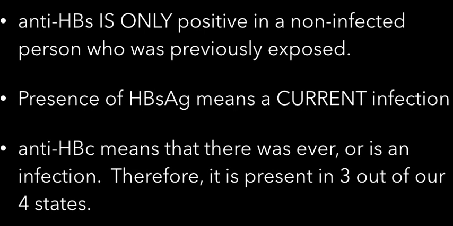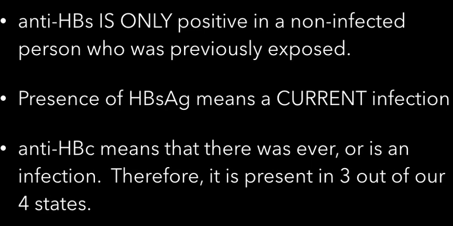There are 3 things that you should memorize. The first is that anti-HBs is only positive in a non-infected person who was previously exposed to hepatitis B. So that means that someone who is vaccinated can have the anti-HBs positive, and someone who had recovered completely from a prior infection could also have anti-HBs positive.